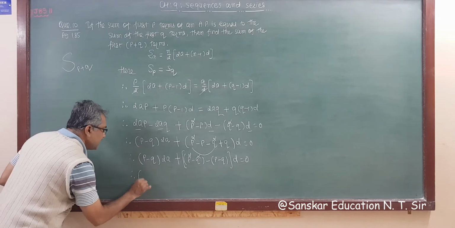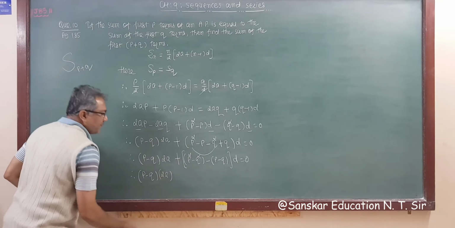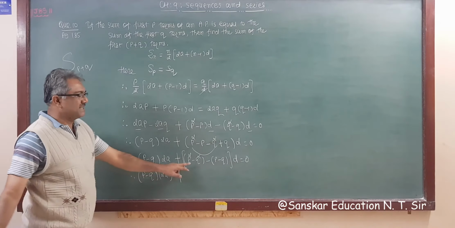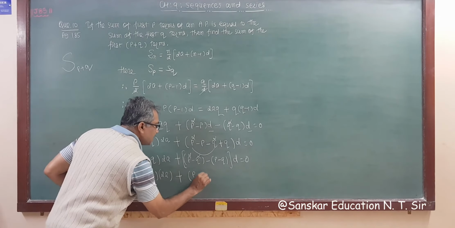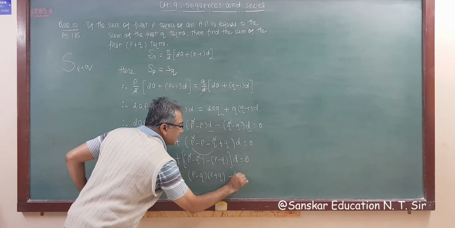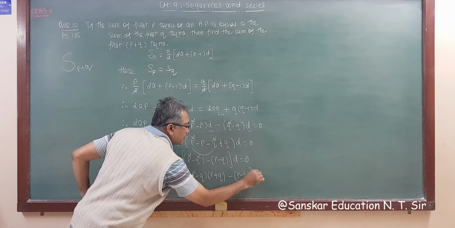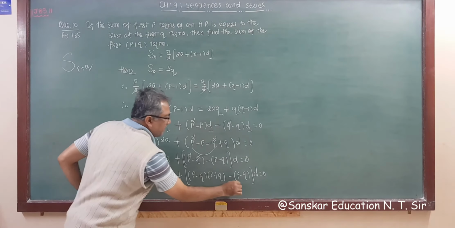Now the factors of p square minus q square are p minus q, p plus q. So p minus q is common.